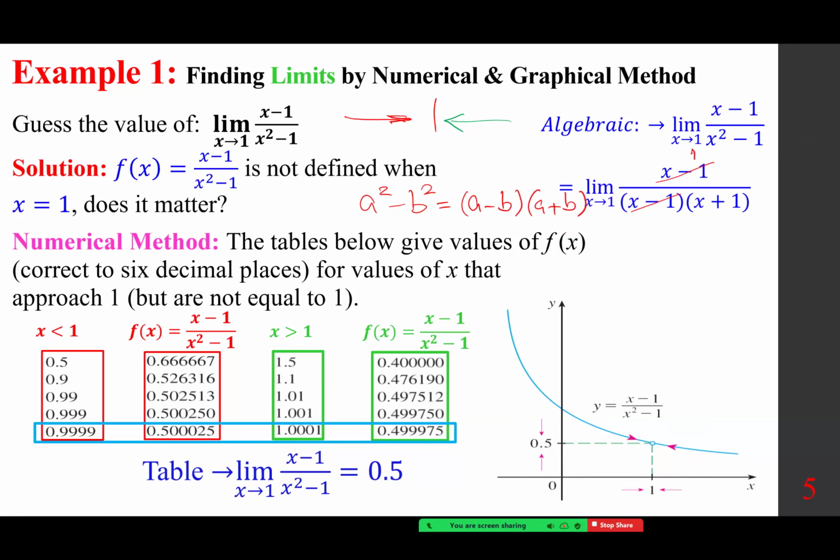These two cancel each other and we get 1 in the numerator. And as you can see, if I plug in 1 here, I get 1/2. And that's exactly what we have here and here and here. So numerically, we showed the answer is 0.5. Graphically, we showed the answer is 0.5. Algebraically, we proved the same.